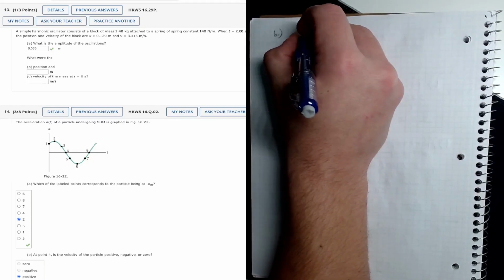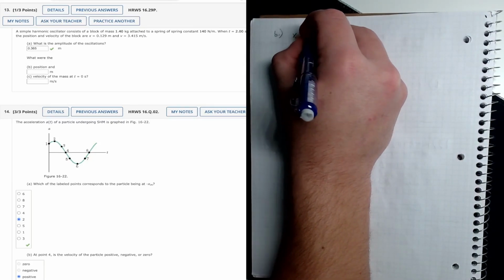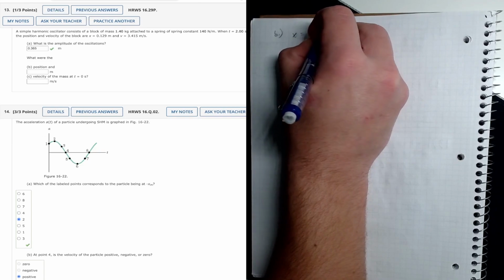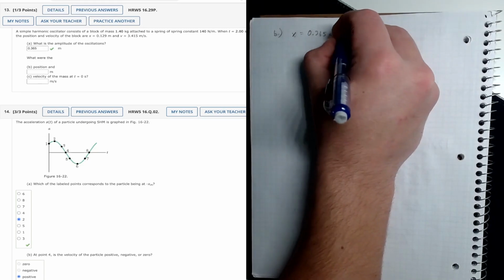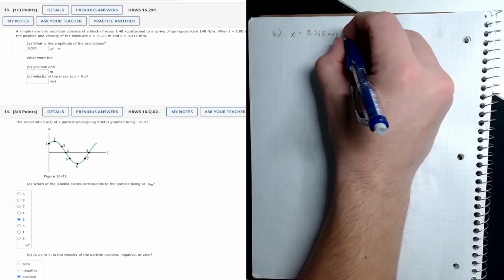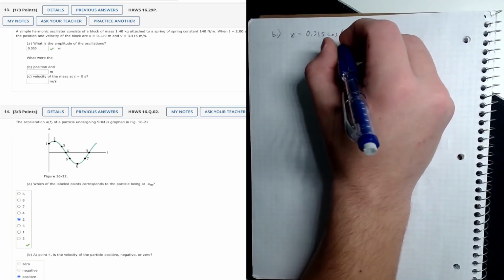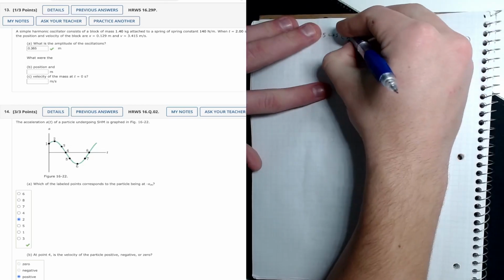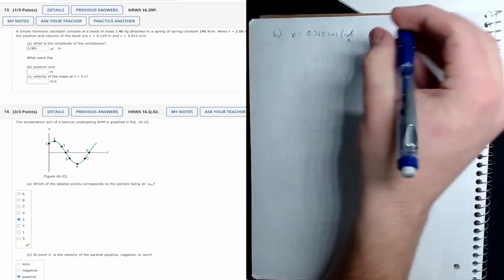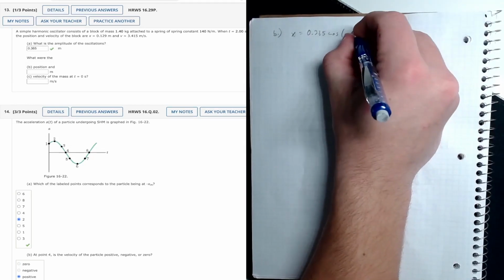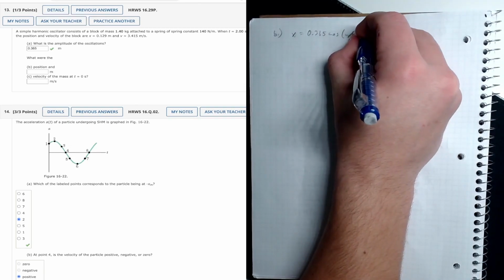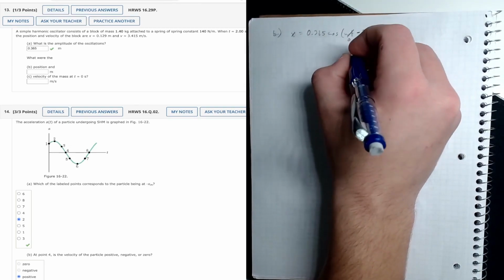So x equals amplitude 0.365 cosine of wt, where t is 0, so this is 0, cosine of the phase constant, which is negative 21.2.